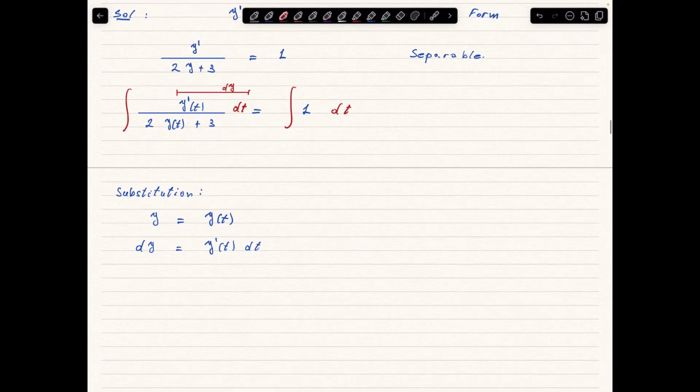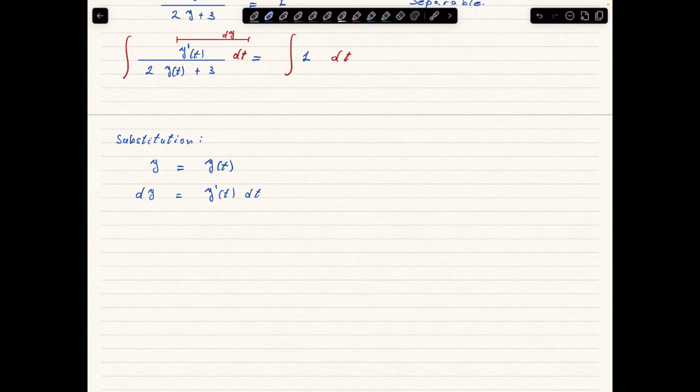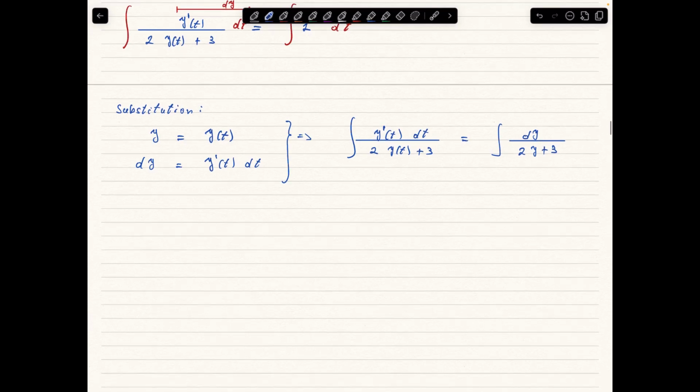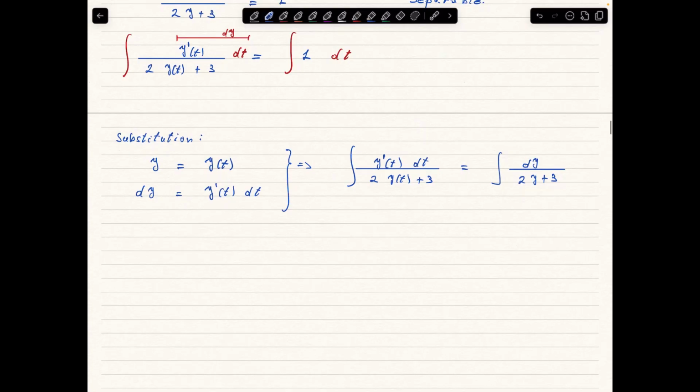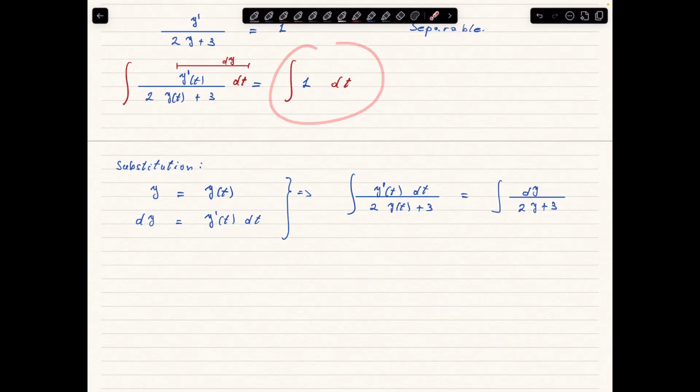If we do that, we can change the integral of y prime of t dt divided by 2y of t plus 3 into the integral of dy over 2y plus 3. And on the right hand side, it's easy to see that we can do the integral already.